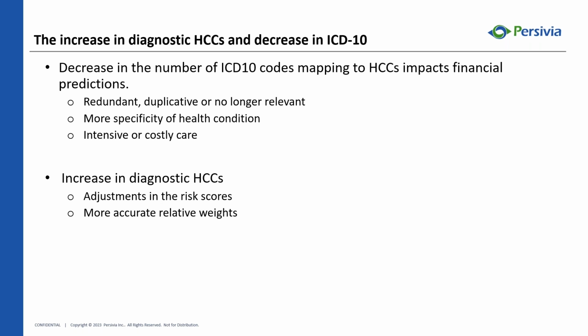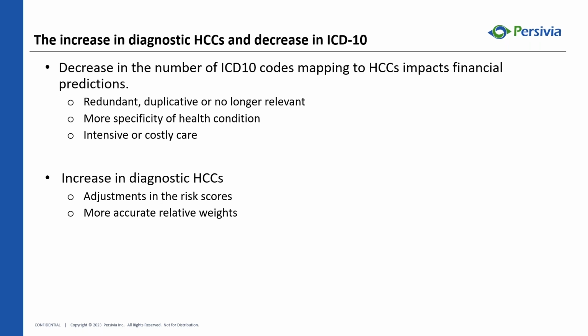So then this impacts financial predictions, because certain ICD-10 codes indicate the presence of specific health conditions that may require more intensive or costly care. Essentially, this means that MA plans serving beneficiaries with greater healthcare needs would receive appropriately higher payments.